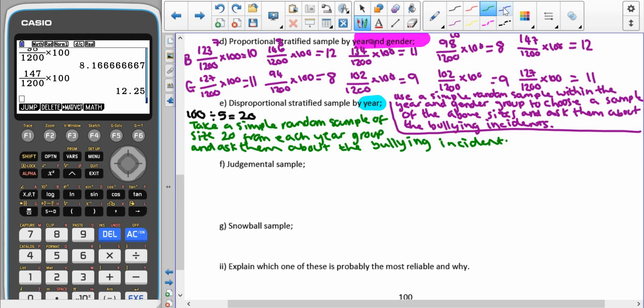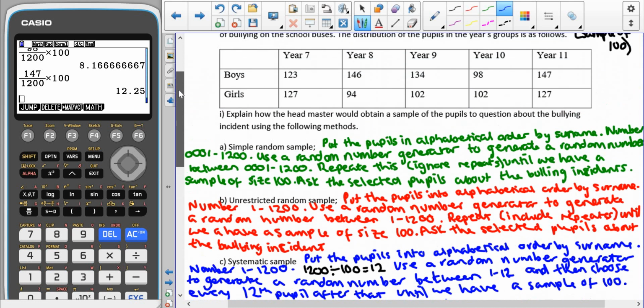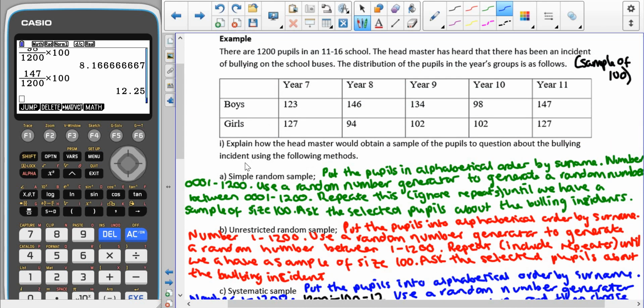For a judgmental sample, we are going to have the head teacher choose 100 pupils. Now, if we have a look back at what the question's actually asking, the bullying incident is taking place on the school bus.